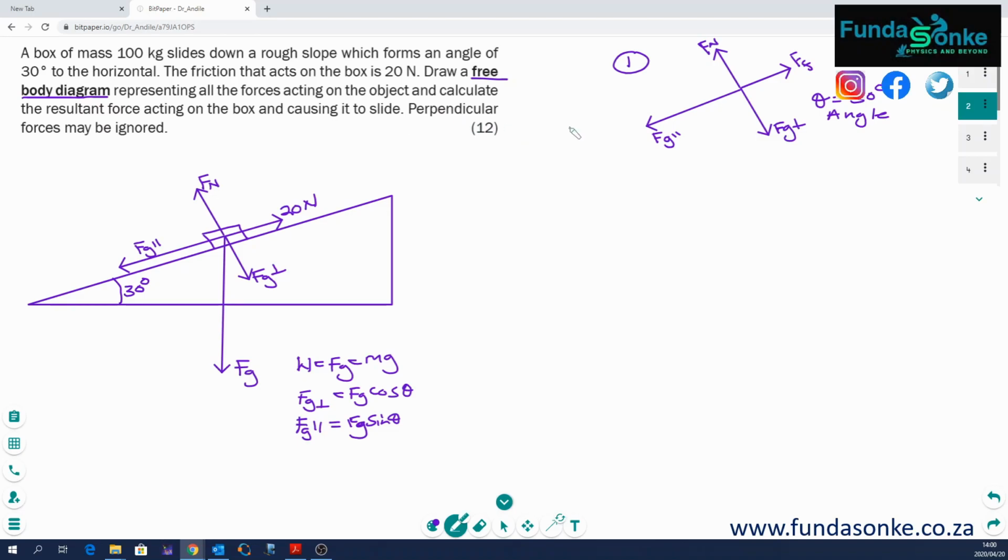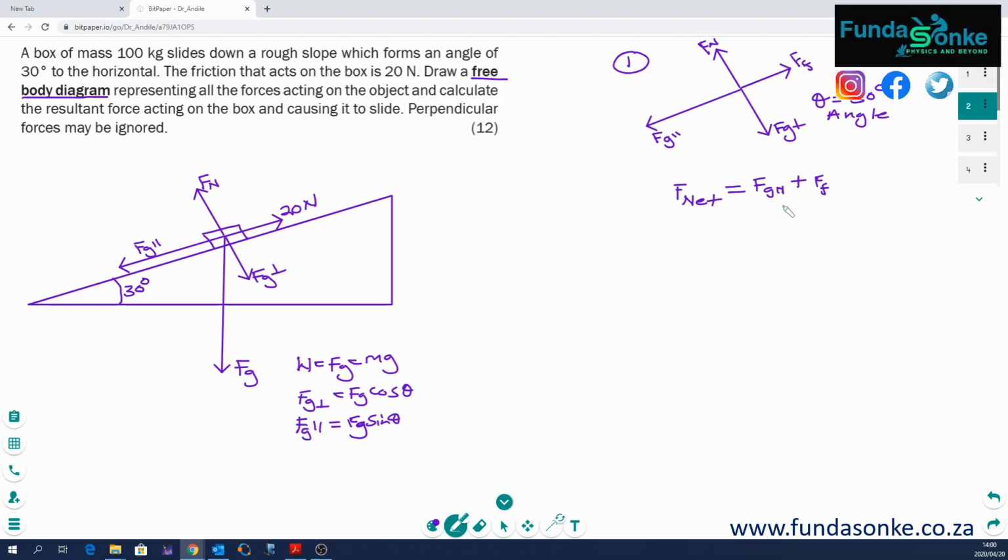So they've told us that we can ignore the perpendicular forces. So we're not going to consider Fn and Fg perpendicular. Instead, we're going to take into account the force due to gravity parallel acting along the surface and also the frictional force, such that our F net will be equal to our Fg parallel plus our force due to friction.